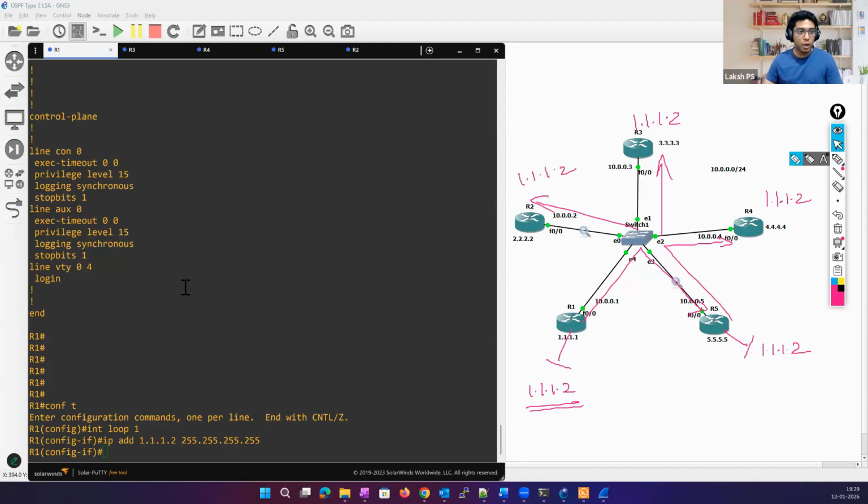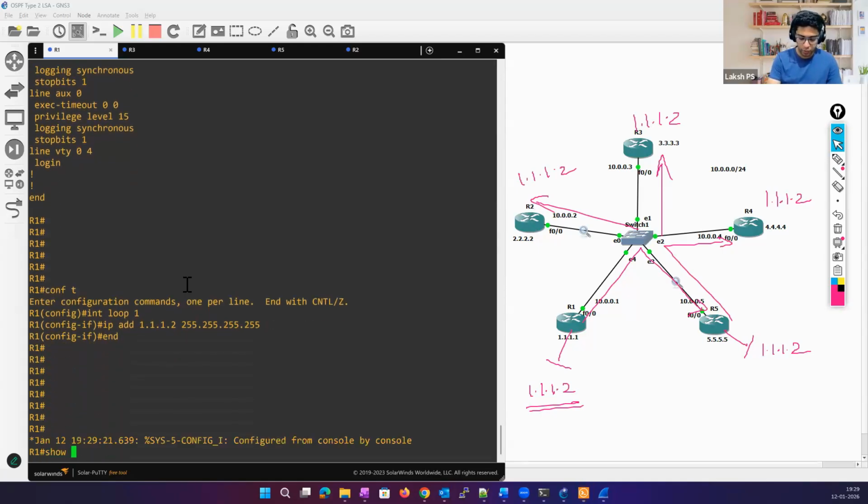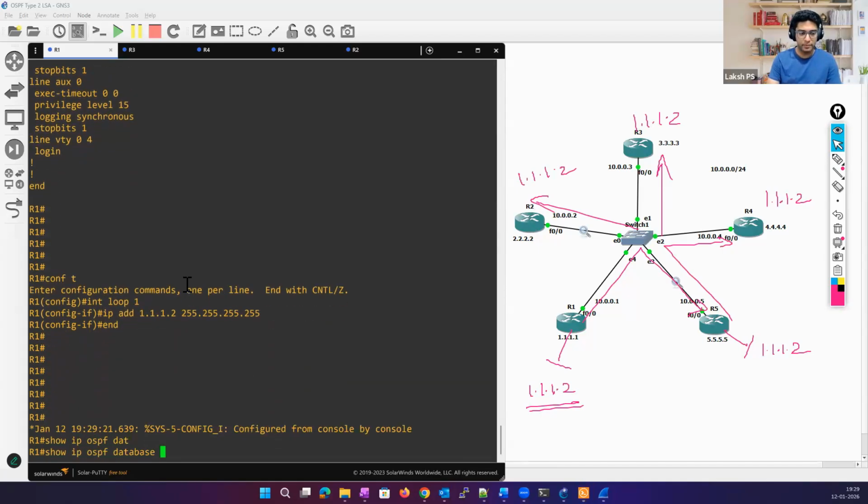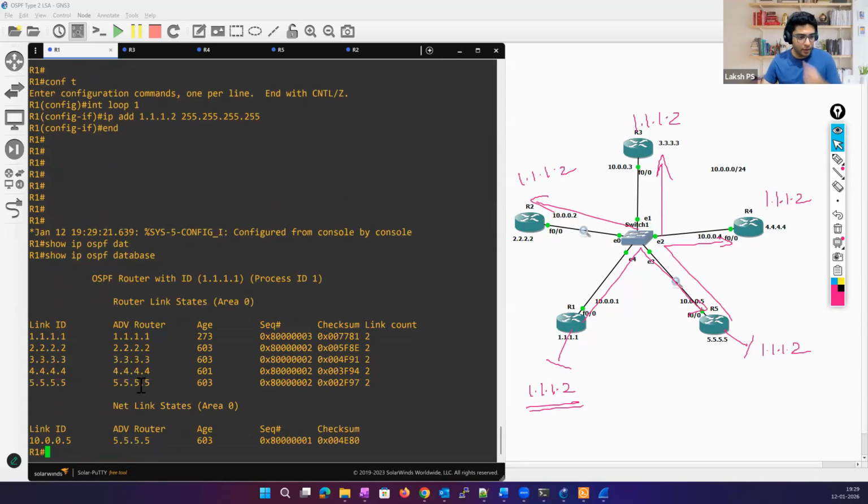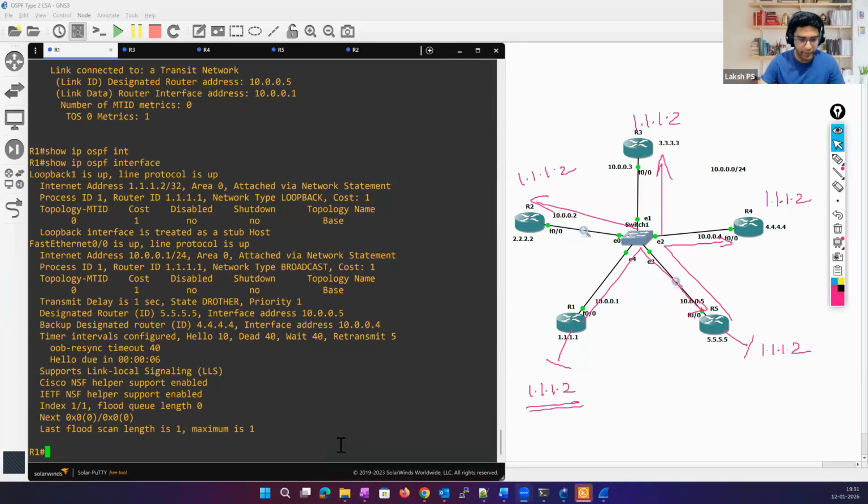Let's check that. On R1's database, show ip ospf database. All right, my bad.